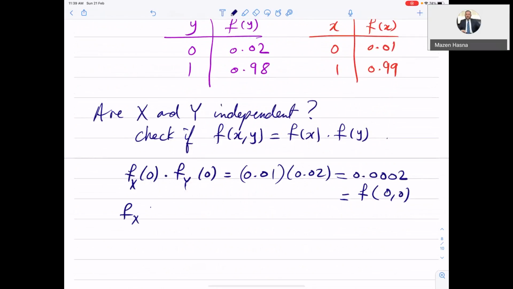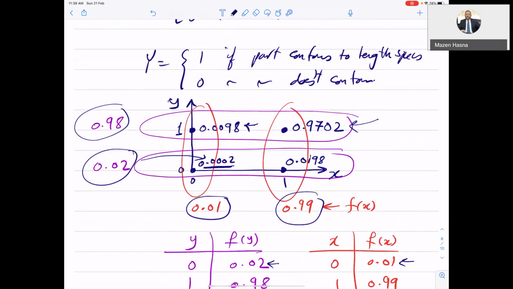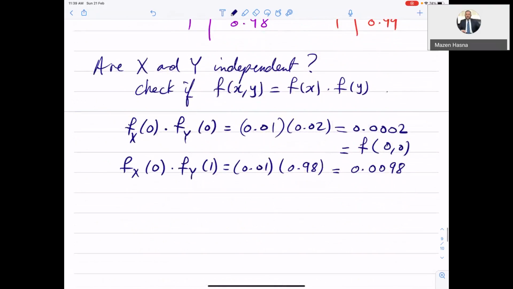Let's check f of x at 0 times f of y at 1. F of x at 0 is 0.01. F of y at 1 is 0.98. And this will give us 0.0098, which is exactly f of 0 and 1, and so on.